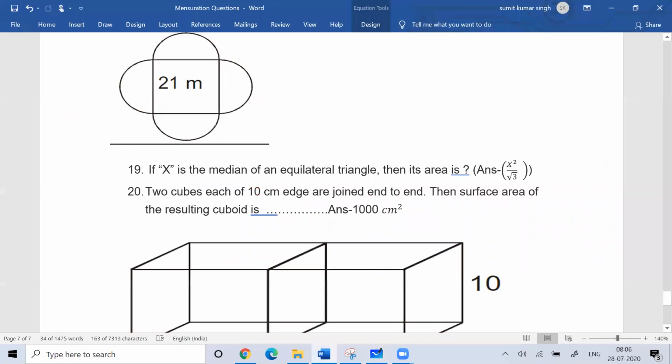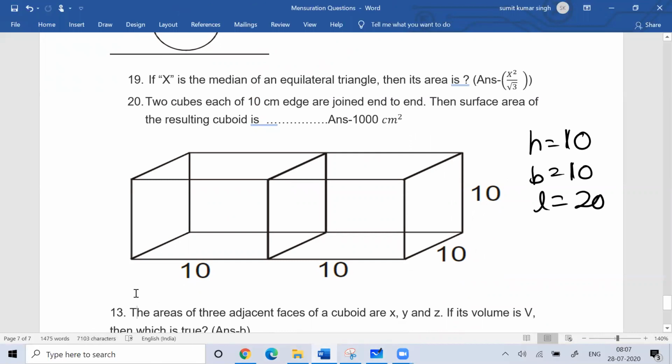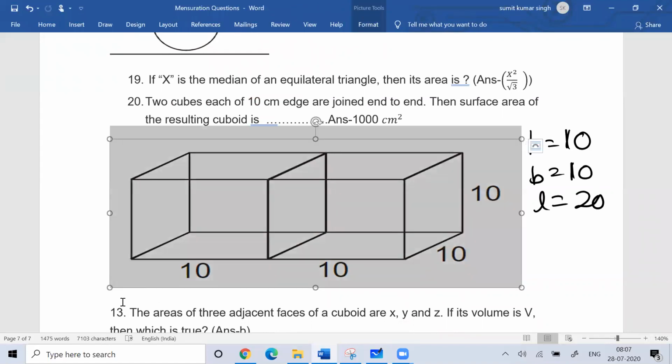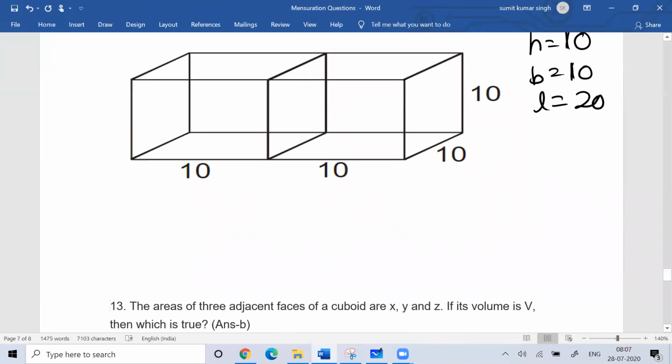Fine. Then next question. If you join cubes like this, then here the height of the cuboid would be 10. The breadth is also 10, but the length is 20. If I'm asking you the surface area, the formula of surface area is 2 into LB plus BH plus LH.